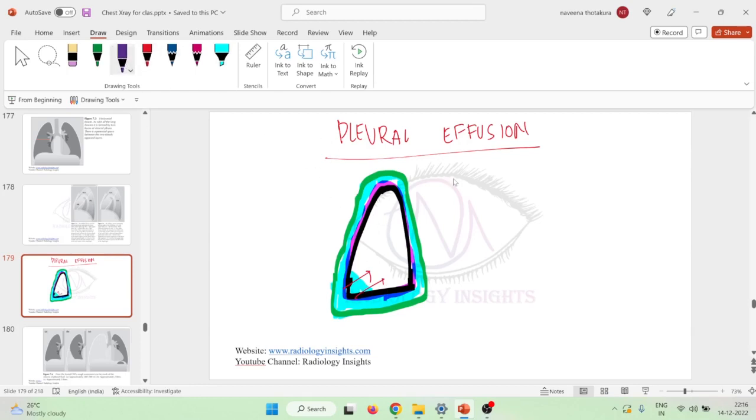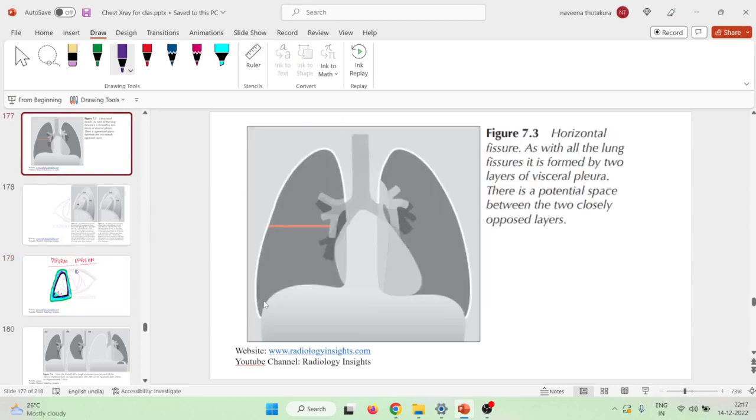Okay, so first and foremost, the first appearance which you see in pleural effusion is this costophrenic angle. This angle which you see here is called the costophrenic angle. Why? Because this is the phrenic, that is the diaphragm. Diaphragm is nothing but phrenic. Costo means ribs.